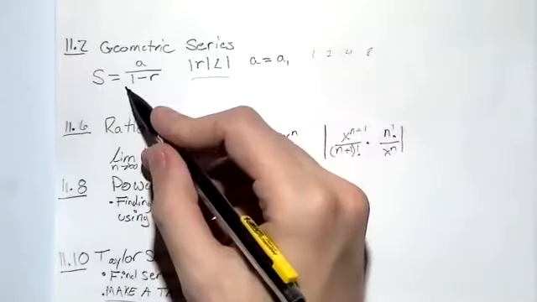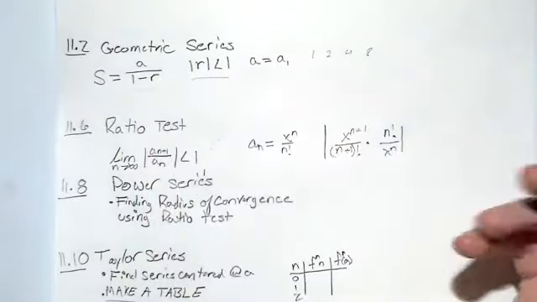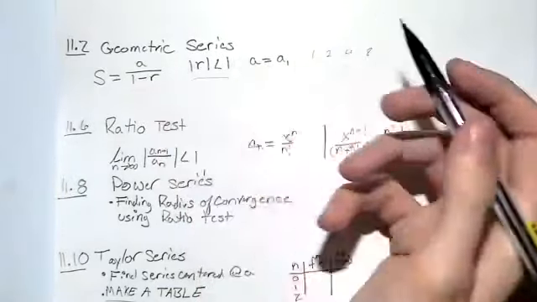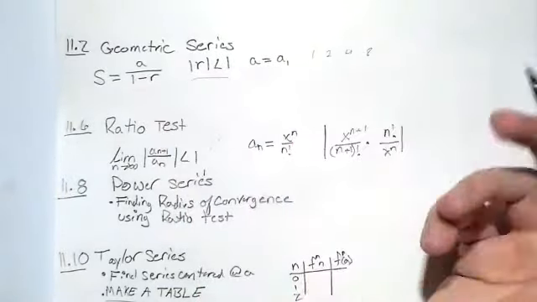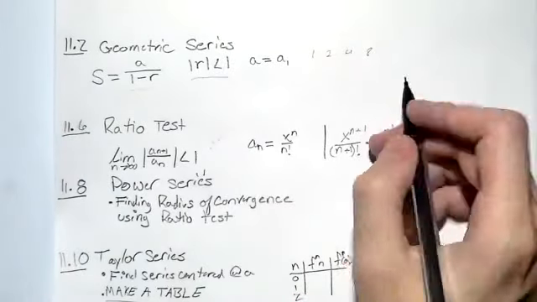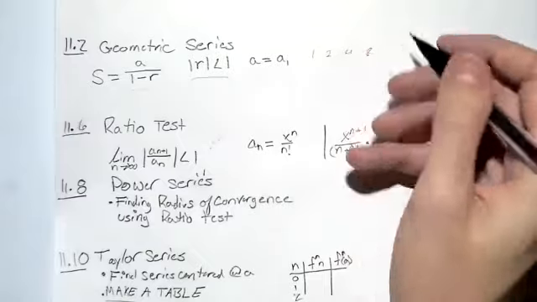And we can use this in order to find the sum, where A is your initial value, and then you do 1 minus R, where R is the ratio between each number. So in this case, it doesn't really work.